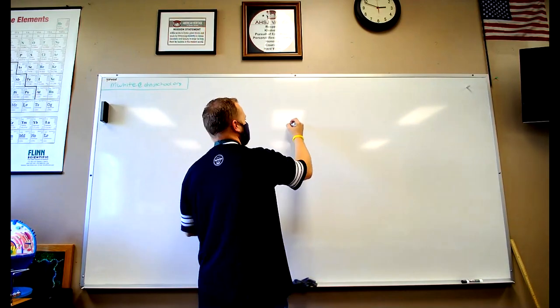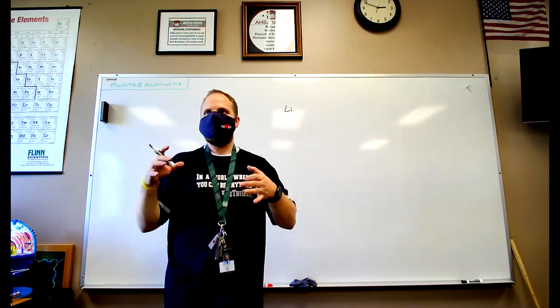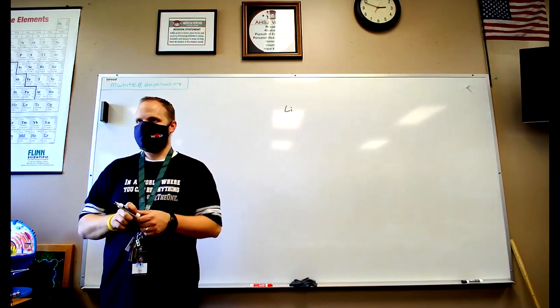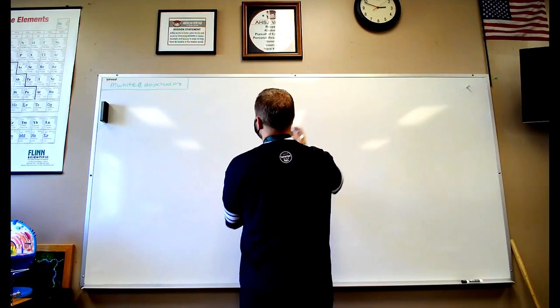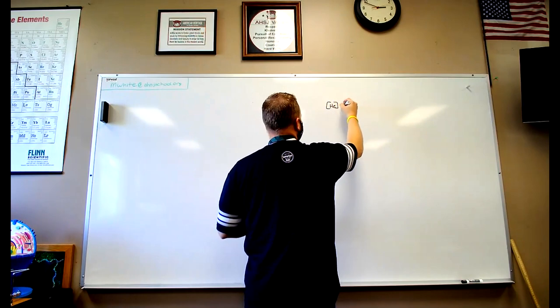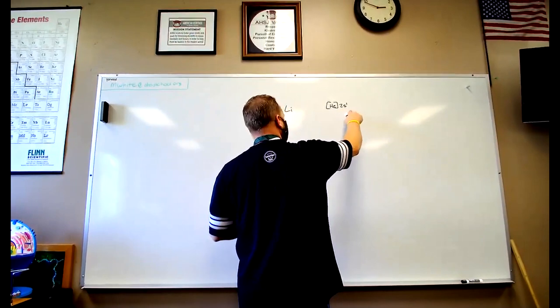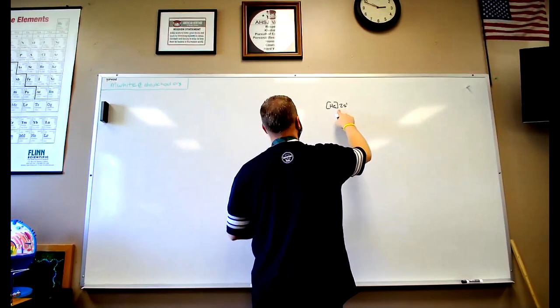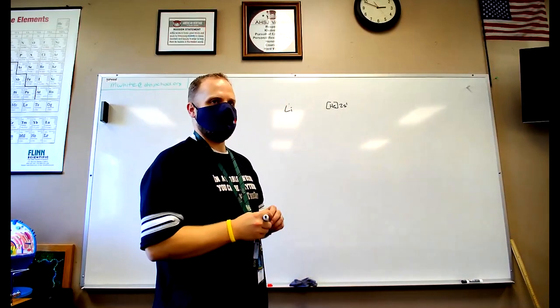So lithium. If we write the electron configuration for lithium, we can say that we have helium and then 2s1. So we have one electron past the noble gas. So we put one dot by lithium.